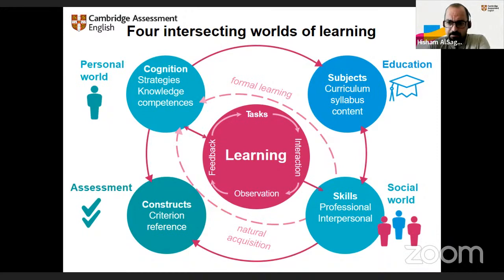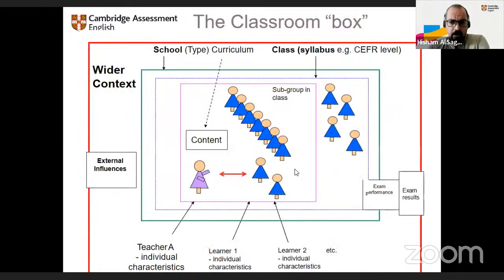Now, for this to work well, I typically refer to my classroom box, which is now a catchphrase in various contexts. My classroom box represents how learning takes place at various levels. The red box represents the wider environment, the wider context, and that's typically referring to the national strategy or the national direction.